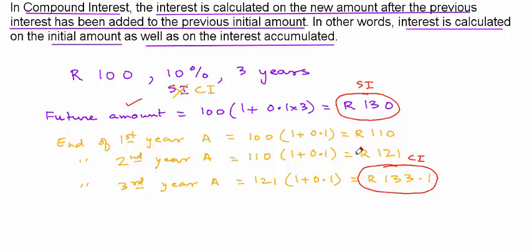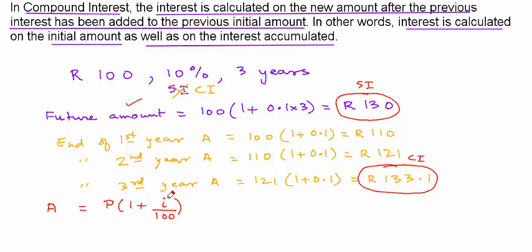Let's try and get that in one single step. The amount after a certain number of years, we are going to keep that open, we are going to say that's n number of years, is going to be the initial amount, call that P, times 1 plus I over 100 is the amount at the end of the first period. Now all of this becomes the initial amount for the second year.